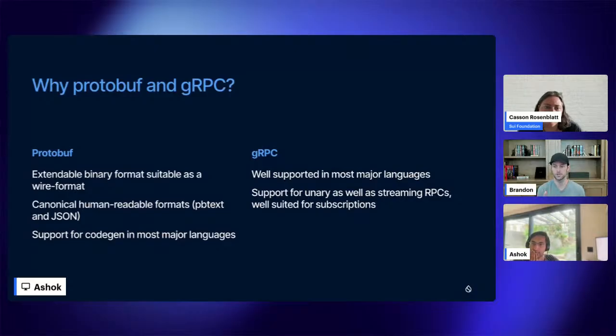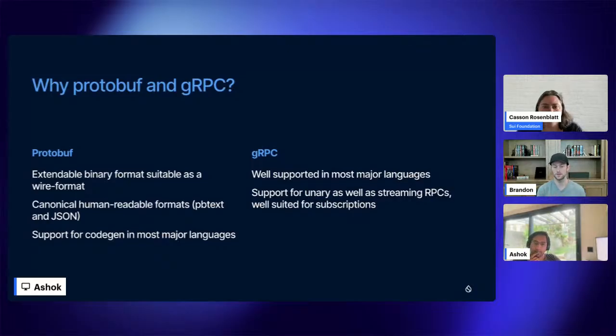So having a very efficient binary format that they can consume eliminates some extra overhead of needing to deal with JSON encoding. But protobuf does have canonical human readable formats like JSON and protobuf text that you can use in various different tooling in the ecosystem.